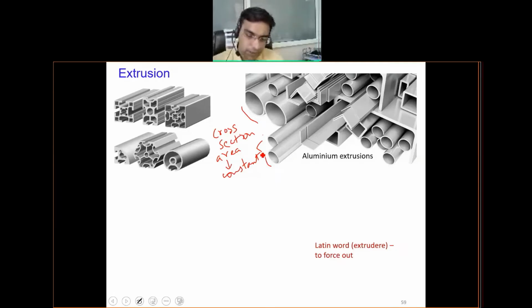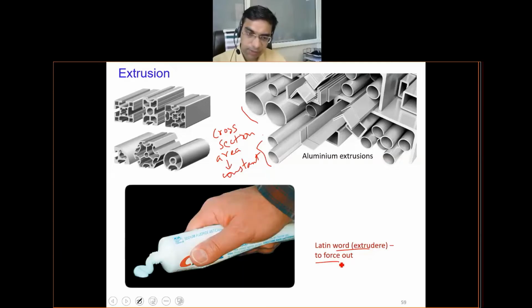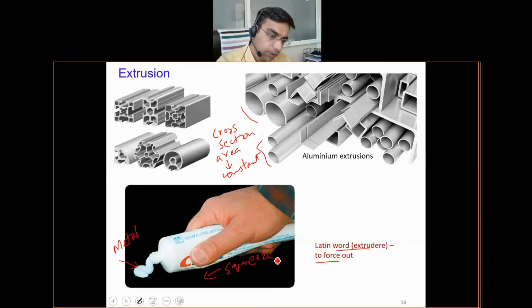Extrusion literally, the word in Latin, means to force out. This process is very much similar to pushing out toothpaste from the tube. Imagine the toothpaste as the metal, and you are trying to squeeze it out from the toothpaste tube, and it takes the shape of this opening.